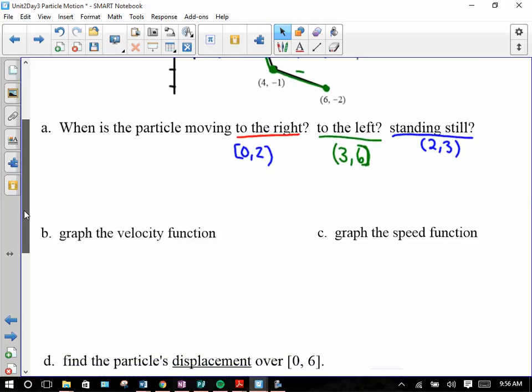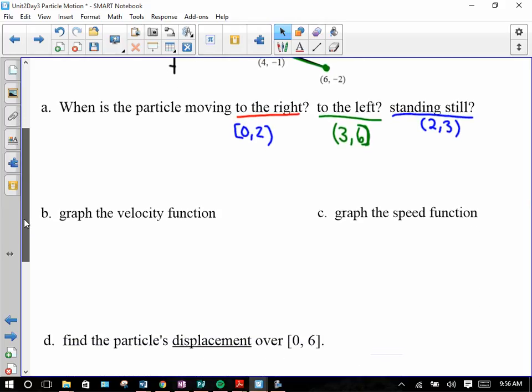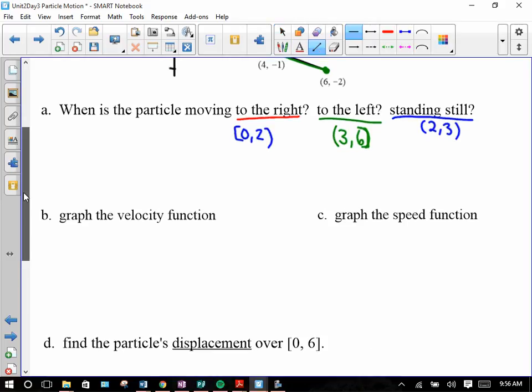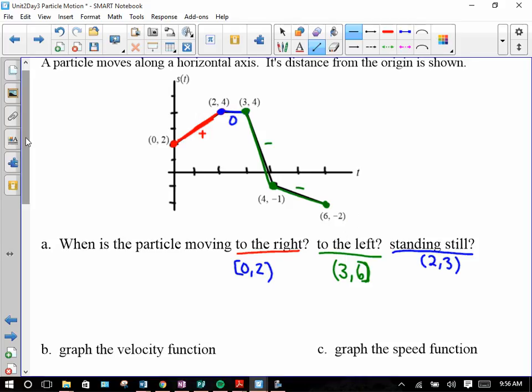What we want to do now is graph the velocity and the speed. Graphing the velocity function and the speed function is easy. We just have to make sure everything's positive in the speed function.